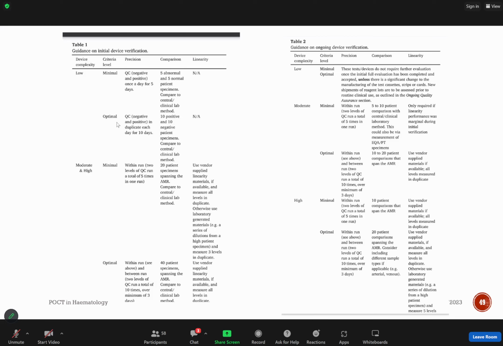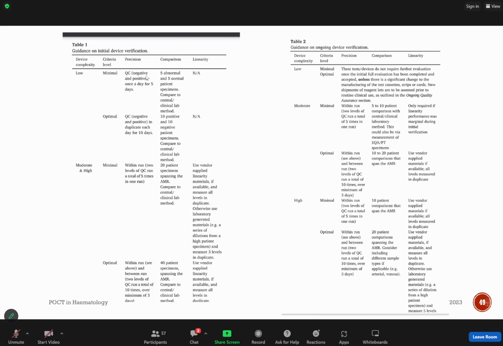As for optimum, QC, normal and abnormal, in duplicate, each day for 10 days. This is the optimum one. They give the guidelines, and we can follow whichever one we choose.